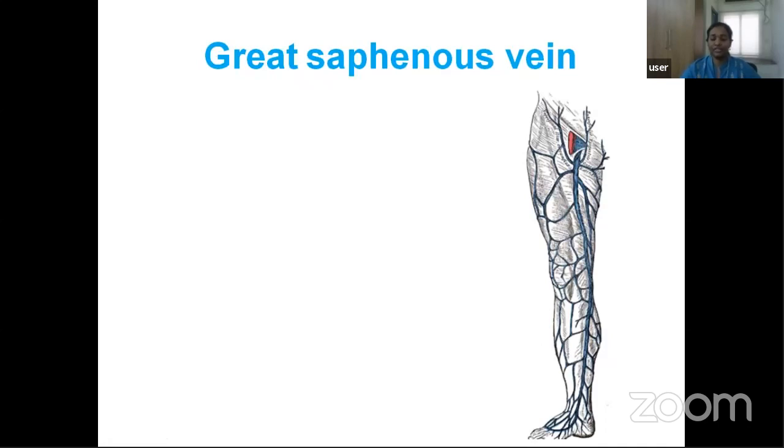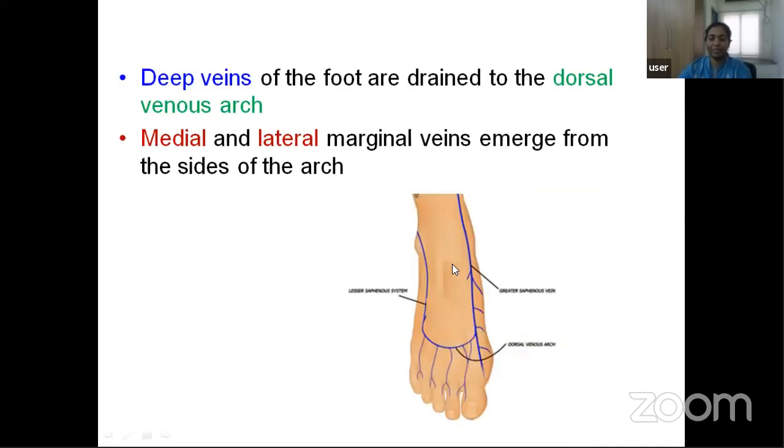Now from the medial side of this dorsal venous arch, a vein starts which is called the great saphenous vein, and from the lateral side of the dorsal venous arch, a vein starts which is called the small saphenous vein.